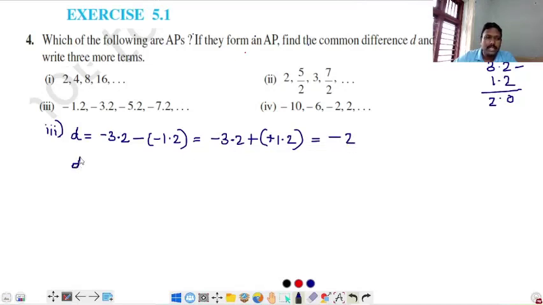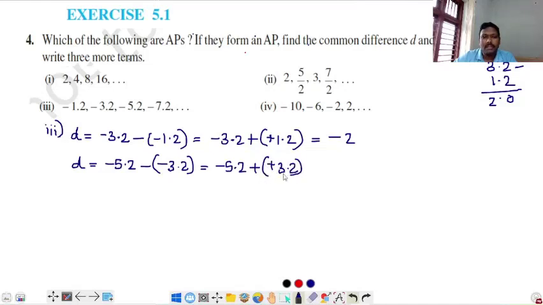Now we can check d for the next one, that is A3 minus A2, which means minus 5.2 minus minus 3.2. Here also we can rewrite like this: minus 5.2, subtraction will change into addition, and this minus 3.2 will change into plus 3.2.